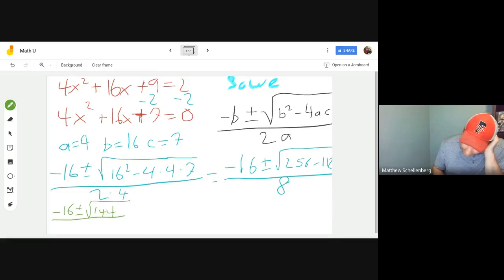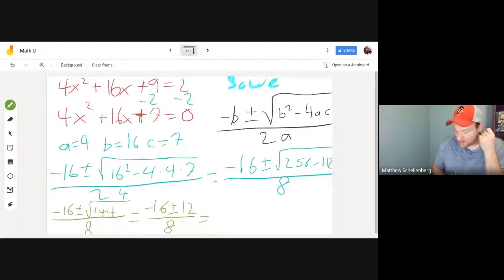All over 8. Look at that. And if you know your squares up to 12, then you know that the square root of 144 is 12 over 8.